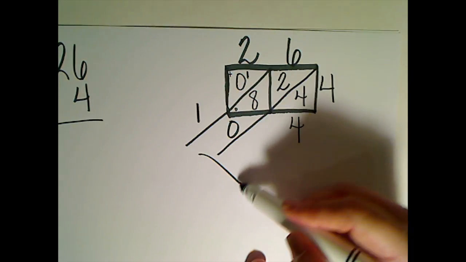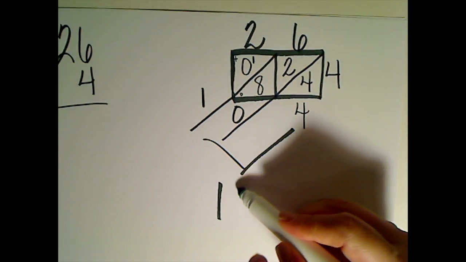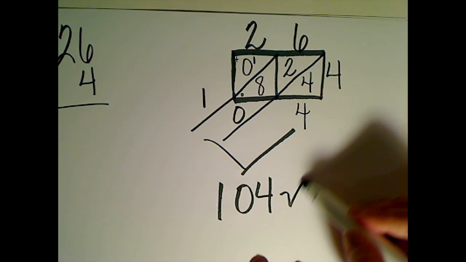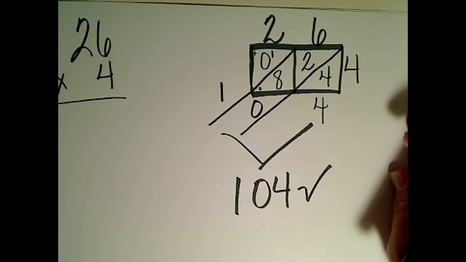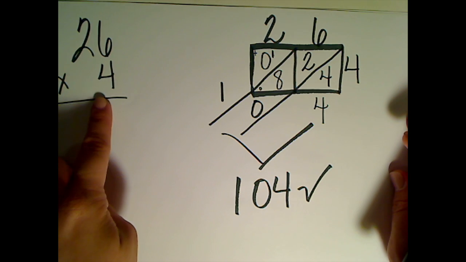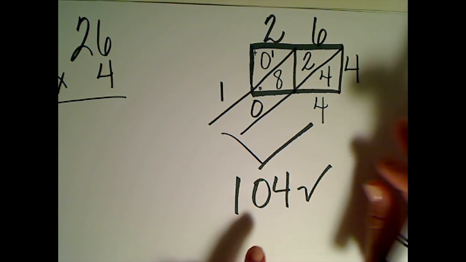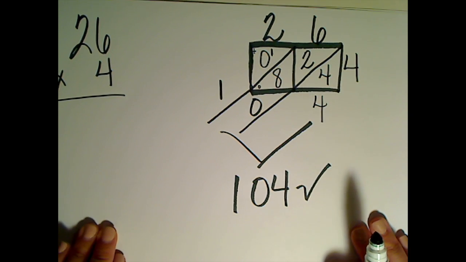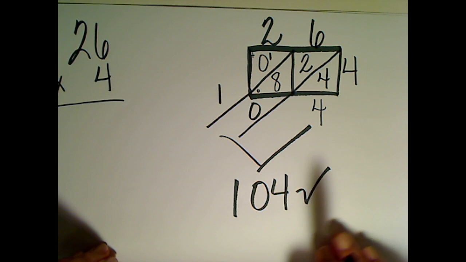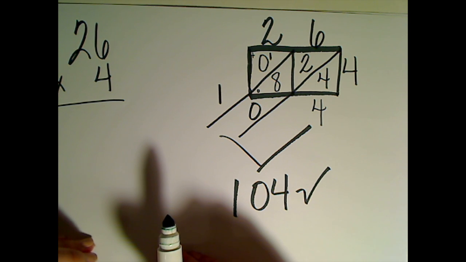You bring this down, and voila. What do you get? 104 all over again. 26 groups of 4 equals 104. And this is the lattice method.